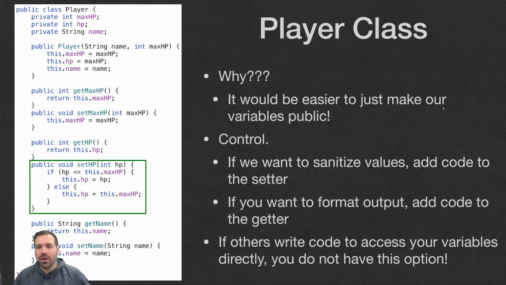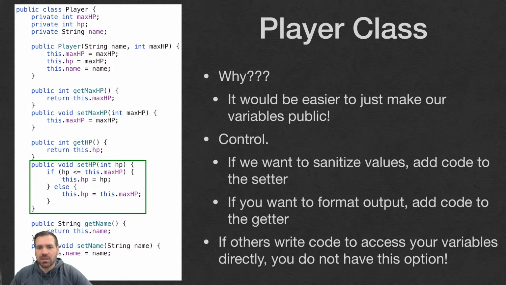Why we don't do this in other languages is because a lot of languages, especially newer languages, have mechanisms built in to be able to add getters and setters after the fact. So in Python, you can't make private instance variables. Access modifiers are not a part of the language. So everybody can just set and get your instance variables directly.